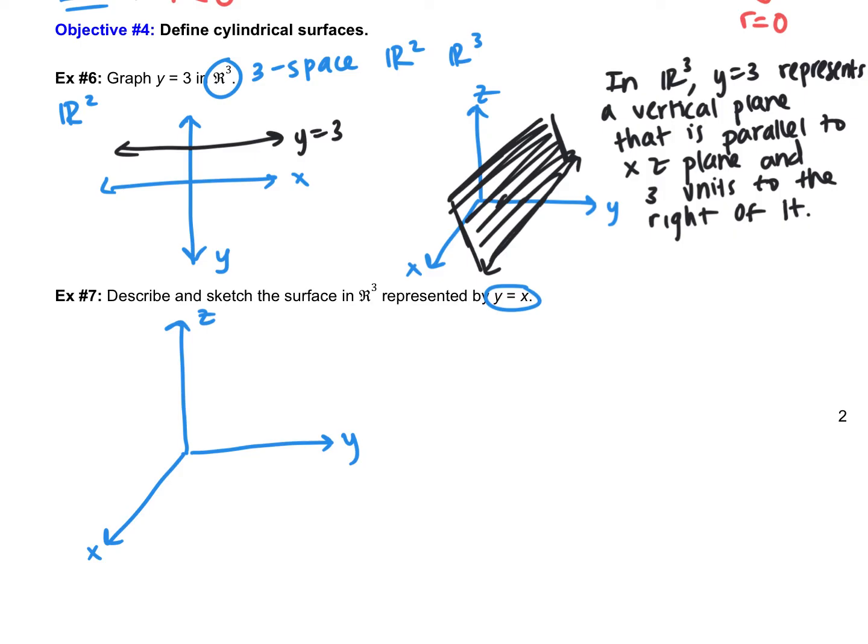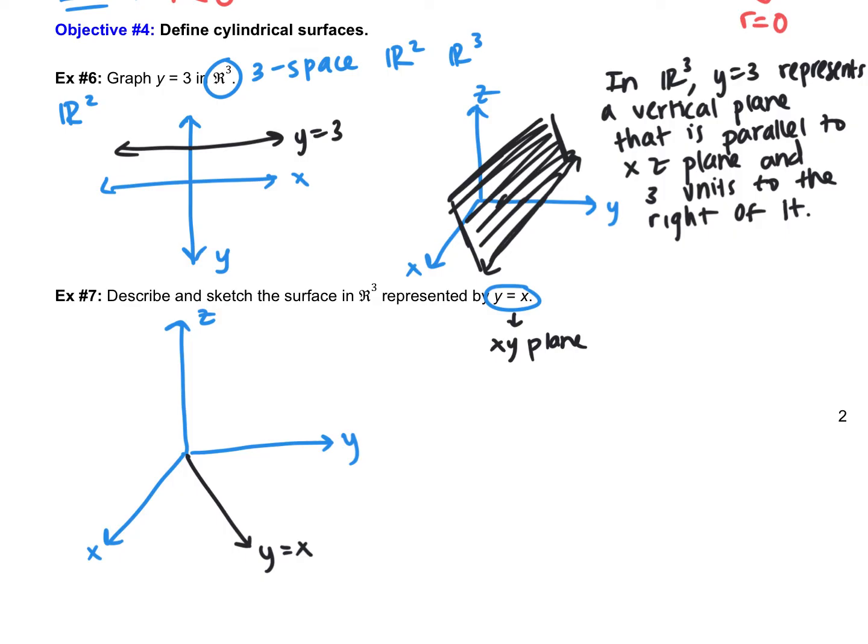Okay, so y equals x is going to be on the xy plane. So like we did before, I would start by ignoring z and show where y equals x. Well, y equals x is going to be this line right here.